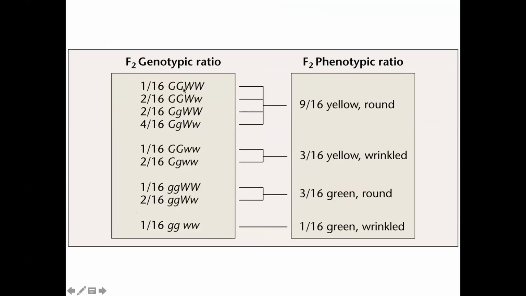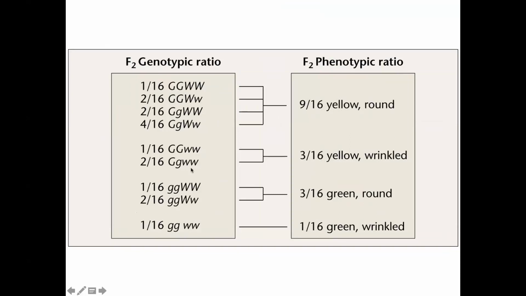Again, we're dealing with dominant and recessive alleles. So whenever you have a big G, you're going to have yellow seeds. So that's here and here. And whenever you have a big W, you're going to have round seeds. So these are 4 different genotypes in that F2 population that will produce yellow round seeds.